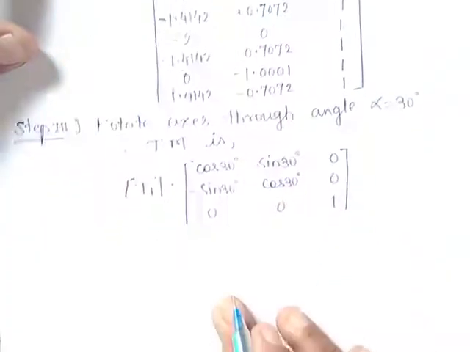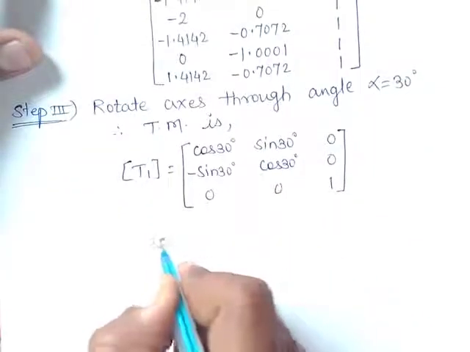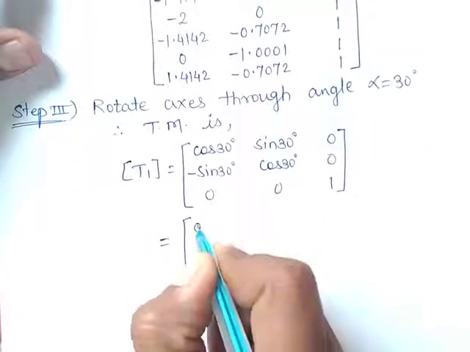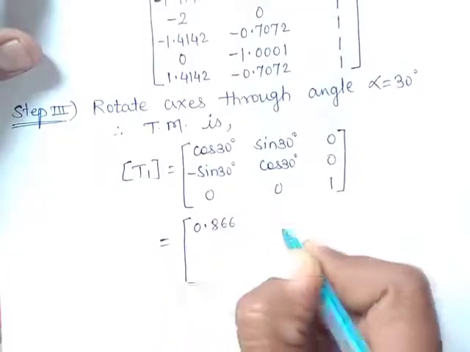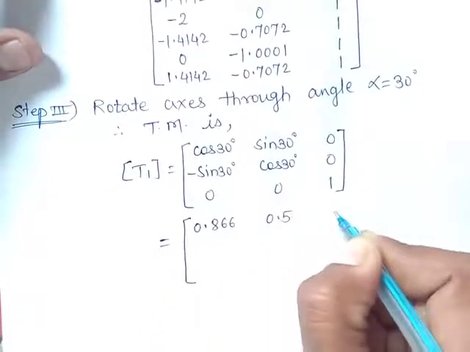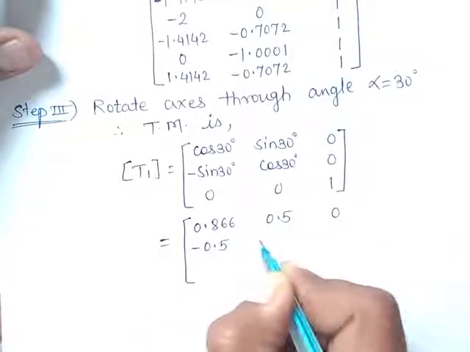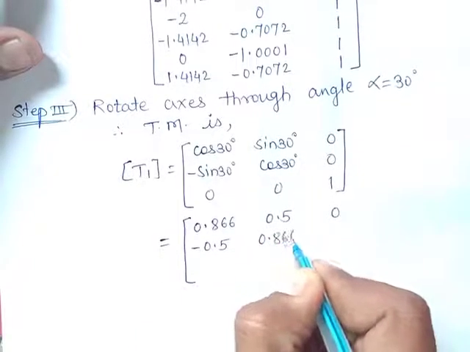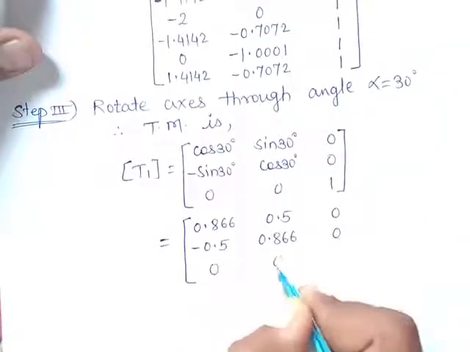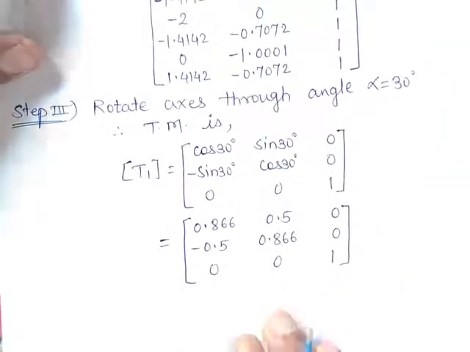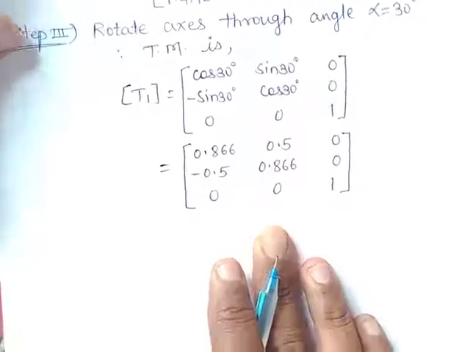The values are 0.866, 0.50, 0, minus 0.5, 0.866, 0, 0, 0, 1. This is our T1 matrix for rotation through an angle alpha.